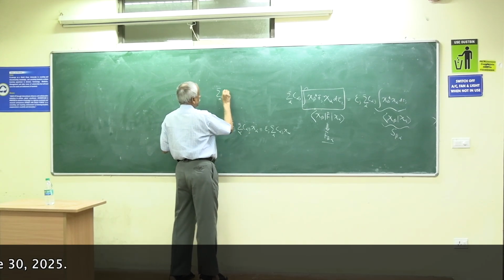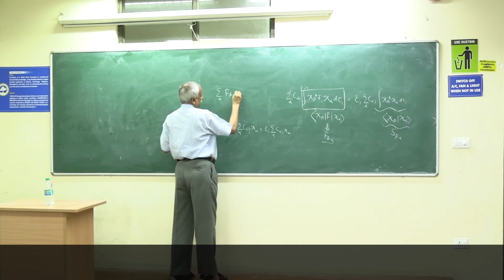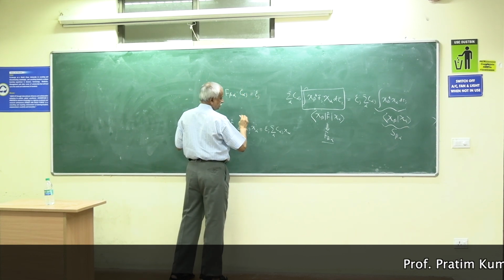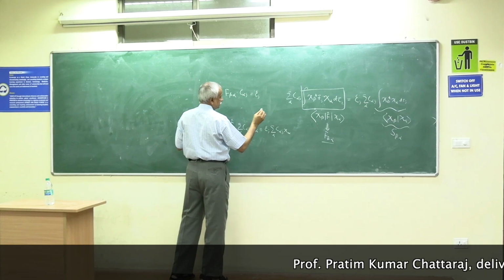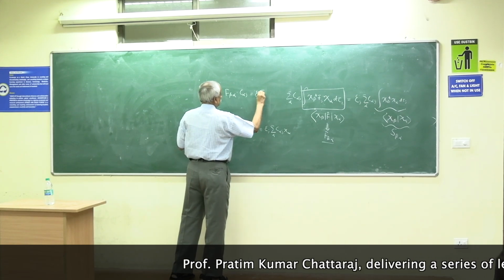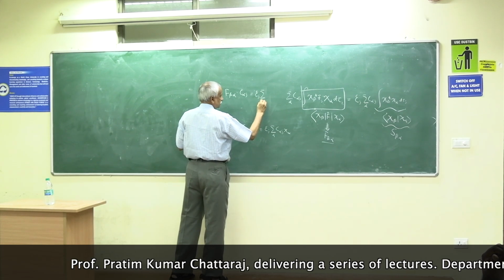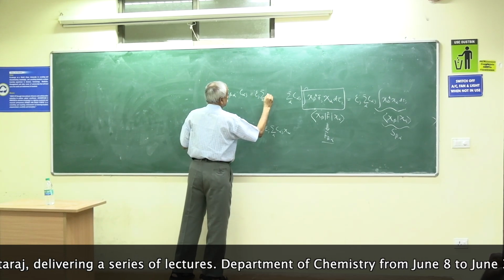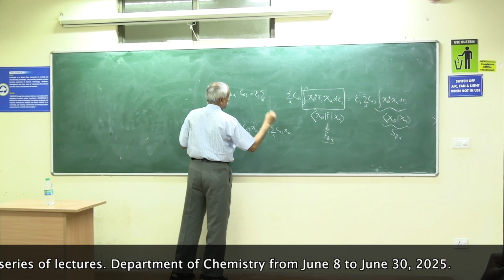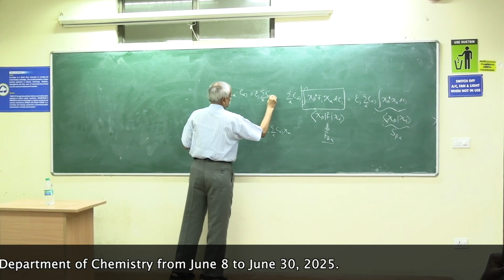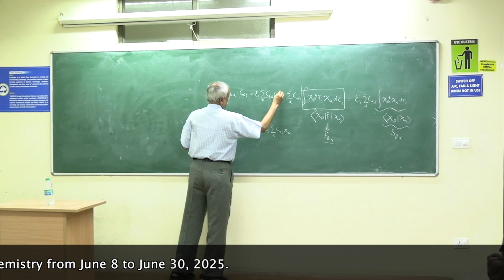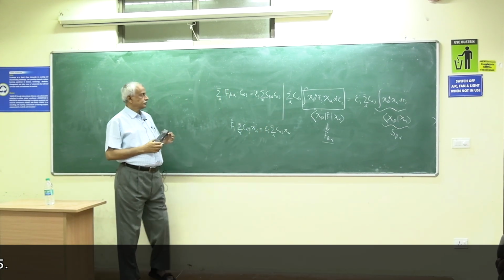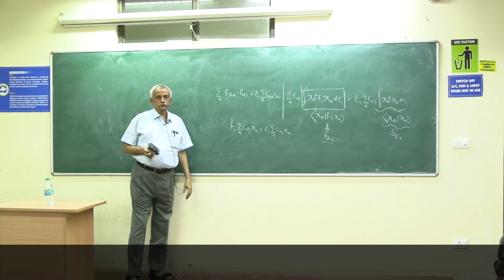These are numbers: F_βα, C_αj, and this is E_j.